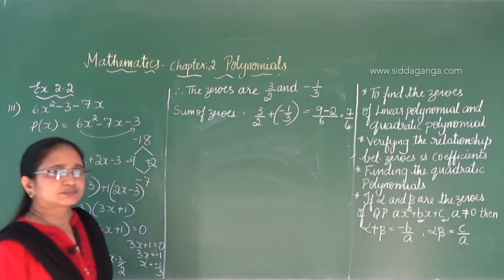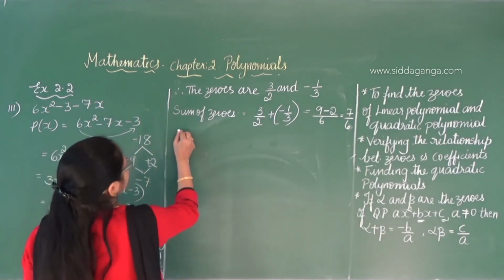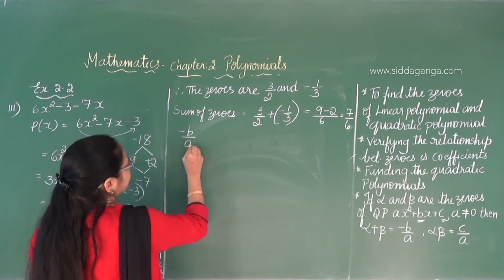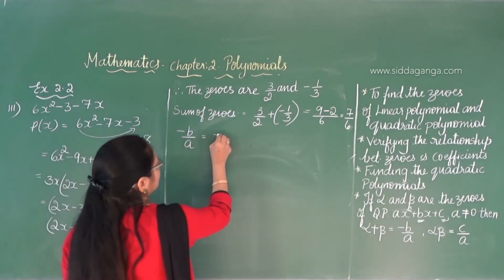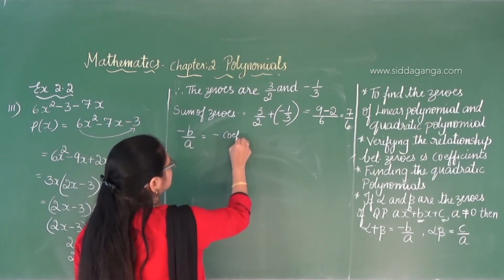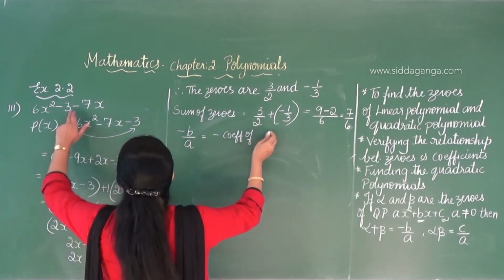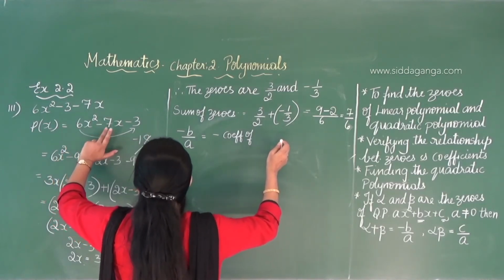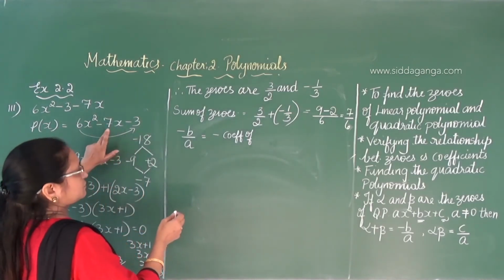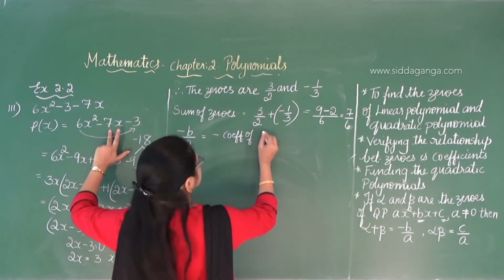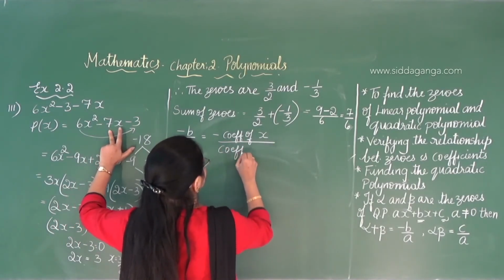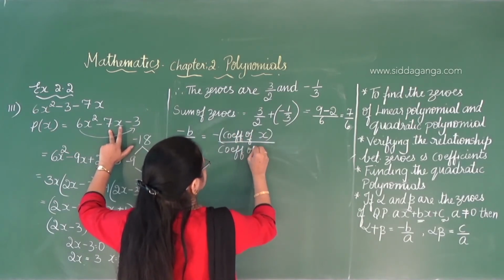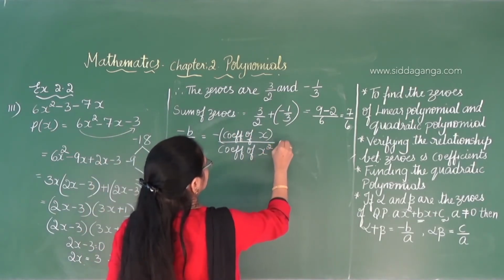7 by 6. Now find out minus b by a. Minus b by a is nothing but minus of coefficient of x divided by coefficient of x square.